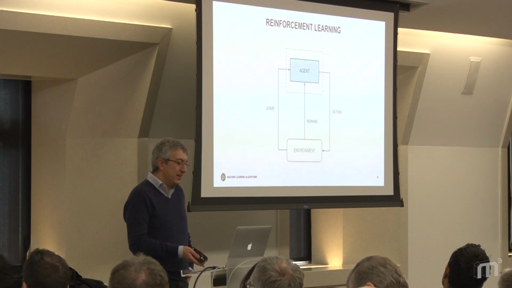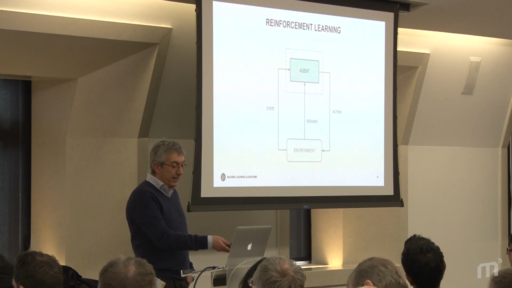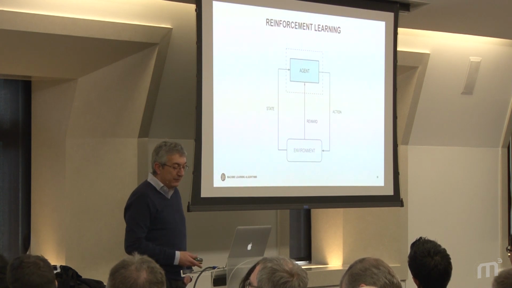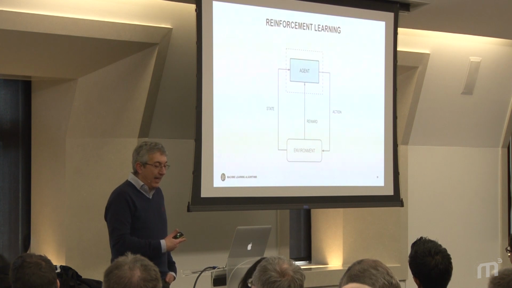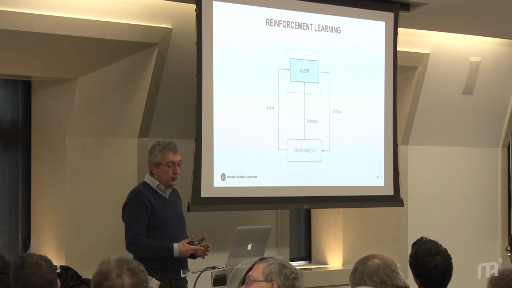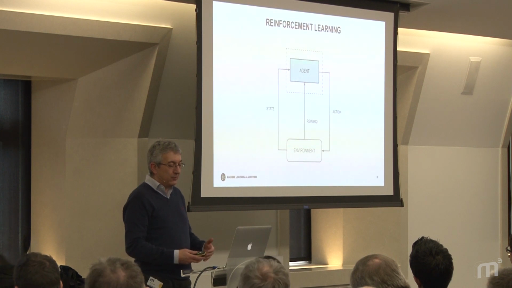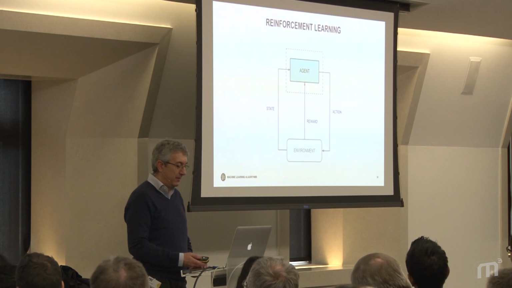Even compared to supervised learning, there is no ground truth. The agent has to perform actions, access the environment by trial and error, performing an action and observing the state of the environment, and potentially seeing some reward, and using the state and reward to learn how to change its own policy to improve its behavior and its interaction with the environment.